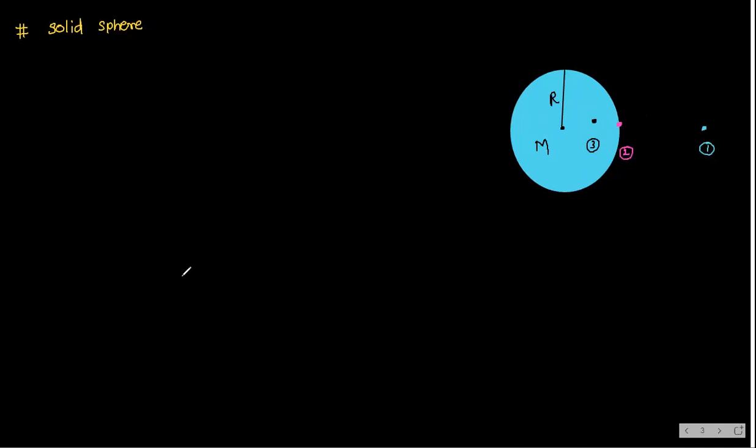You see here case number 1, that is point P is outside the sphere, solid sphere, not shell.